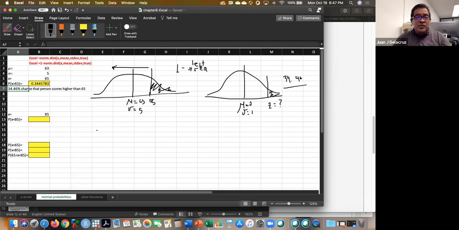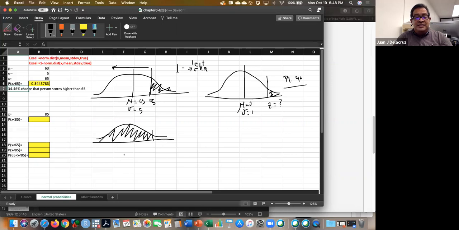So in the second case, we have almost the same. In this case, we have a similar case. So we have an area under the curve. My question is the area below 85, right?